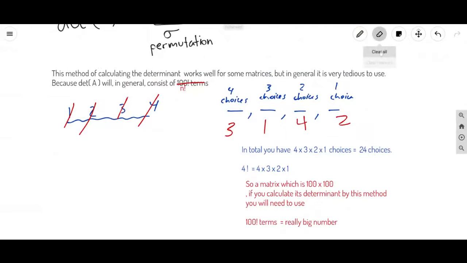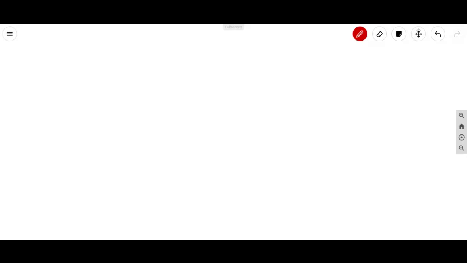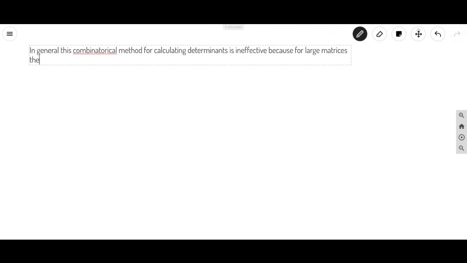But let me say this. This is what I wanted to say here: in general, this combinatorial method for calculating determinants is ineffective, because for large matrices, the total number of combinations of the numbers you need to multiply is too big.